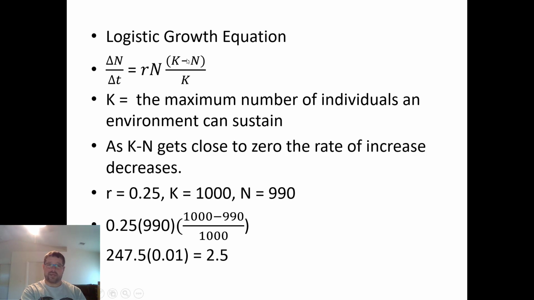We need to know the K, and sometimes it is very difficult to calculate K or find out what K is. A lot of that goes into, well, first of all, what affects K for this species? If it's a terrestrial mammal, we might ask, what's affecting K? How many predators are in the region?